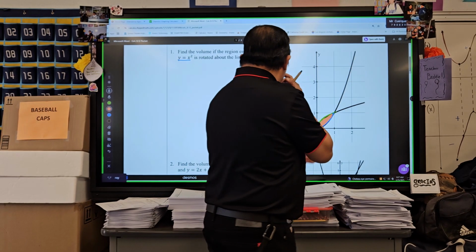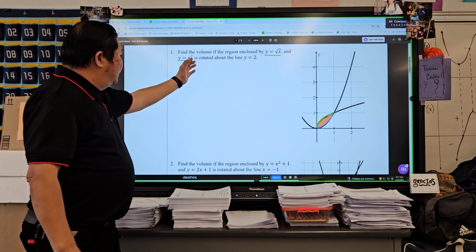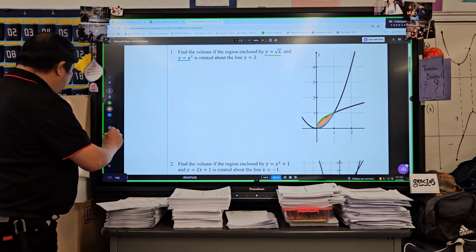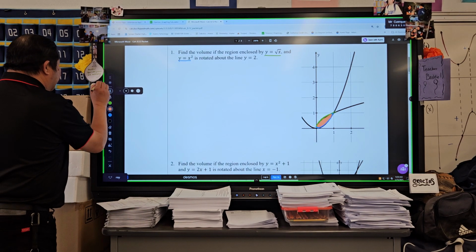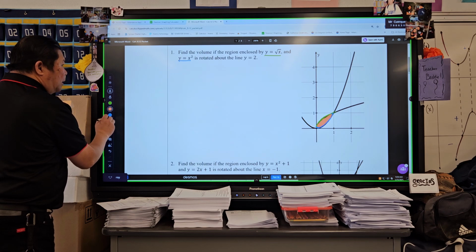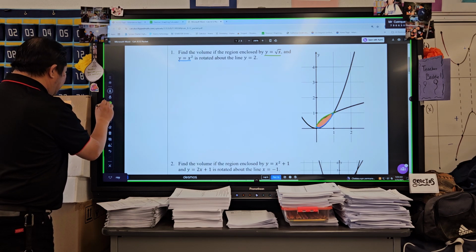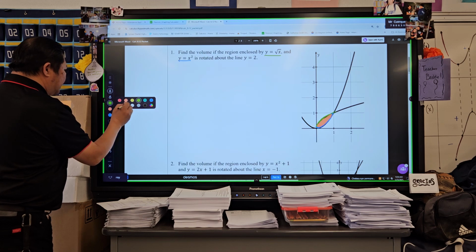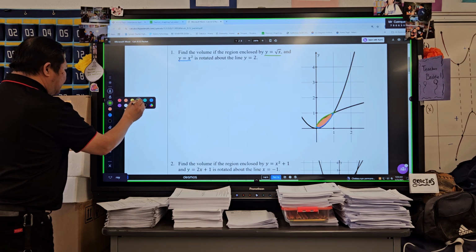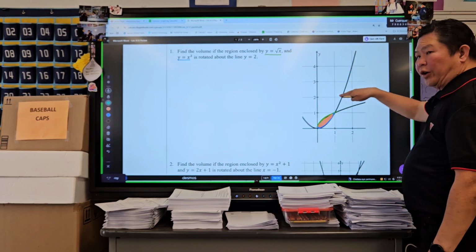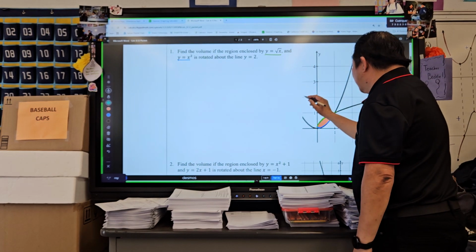So we're going to revolve this. It is rotated about the line y equals 2. So this is the line y equals 2.